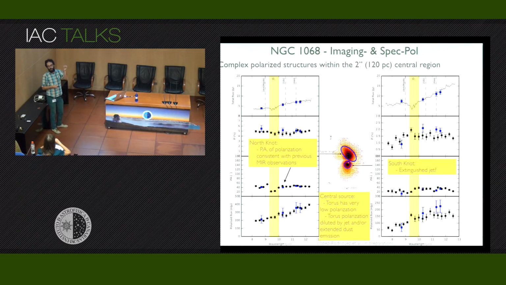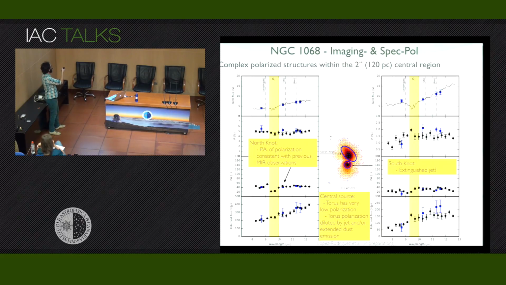The blue is the imaging polarimetry from the filters, and the black is the spectropolarimetry. I don't have enough signal in the polarization, so I had to bin the data from the total flux to improve the signal to noise in order to have independent measurements of the degree of polarization.